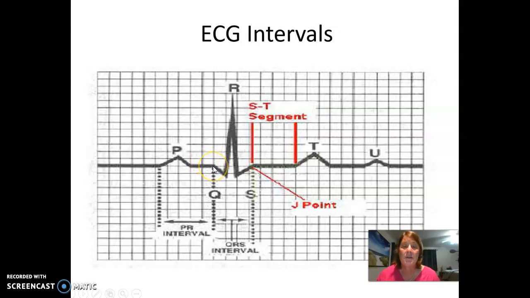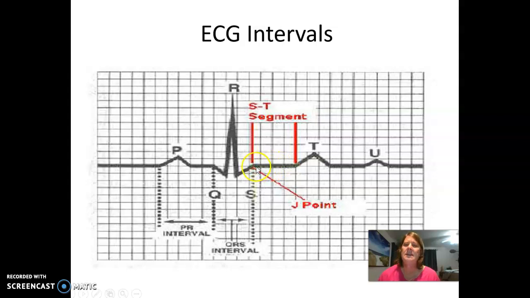The QRS measurement is from the beginning of the Q to the end of the S. Now again, it doesn't matter if you have a QR waveform or an RS waveform, whatever that waveform is, we call it the QRS measurement. From the beginning of it to the end of it, it's telling us how long it's taking the ventricles to depolarize, to get that impulse. And then again, like I mentioned, contraction is going to happen immediately afterwards.